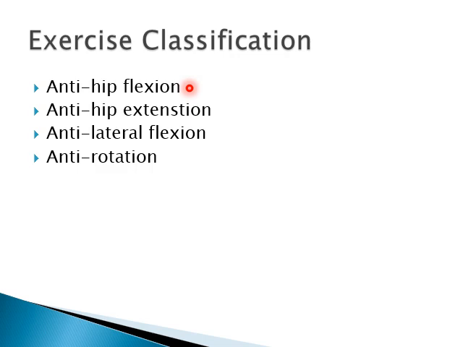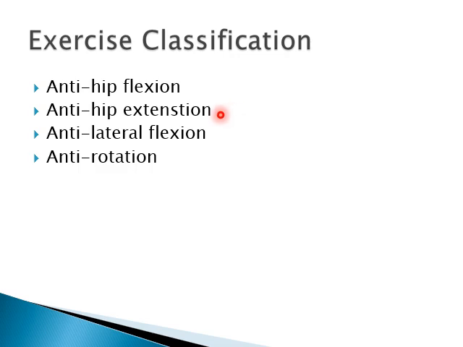If you're anti-hip flexion, you're primarily working on muscles that do hip extension and also manage low back extension to a degree because of the close interaction between the hips and low back. These would be exercises that address the glutes, the hamstrings, and the erector spinae from a stabilization standpoint. Any exercise that addresses those areas would be classified as anti-hip flexion.